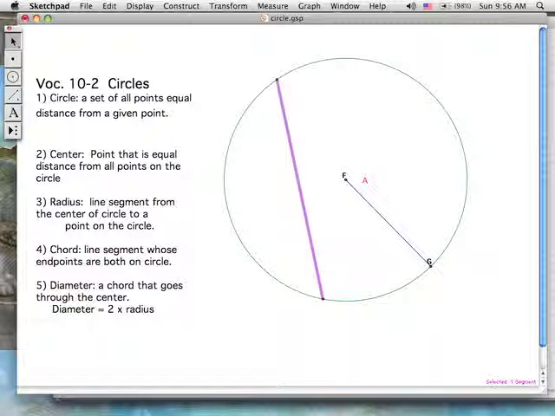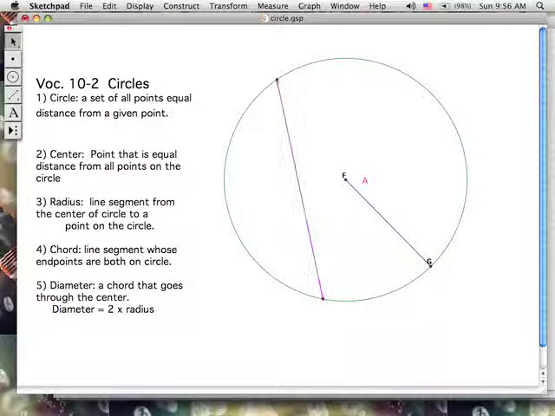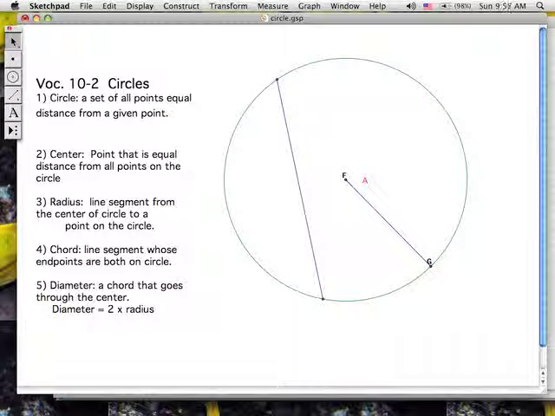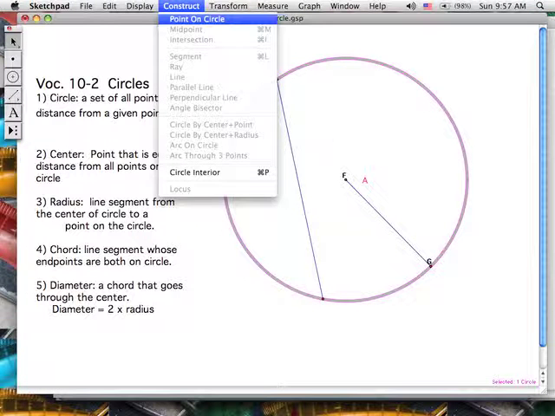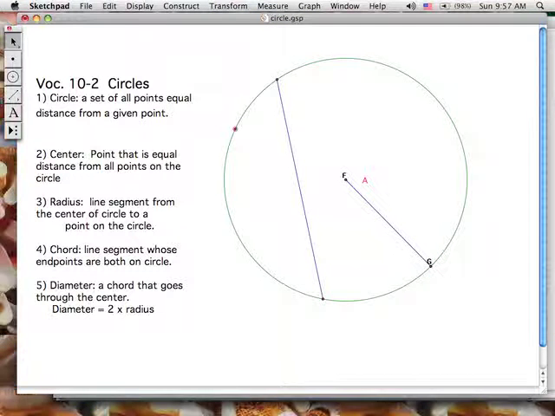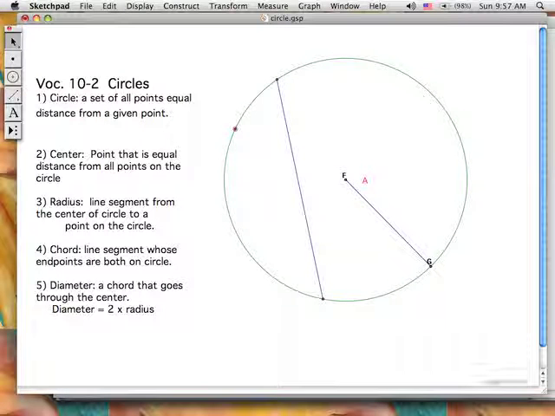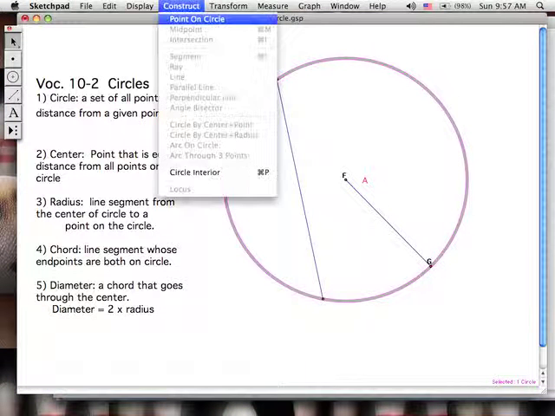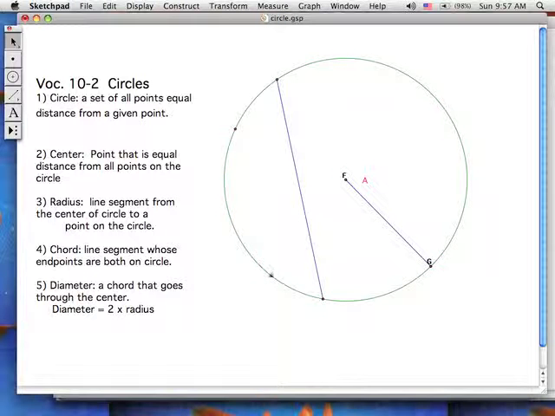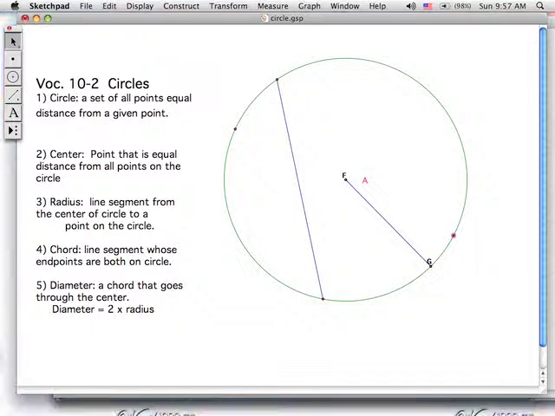A diameter is a special chord. It goes through the center. So if I take and construct a point, let's choose a circle, construct a point on the circle, and then choose a point on the circle that's exactly across from it. Looks pretty close.